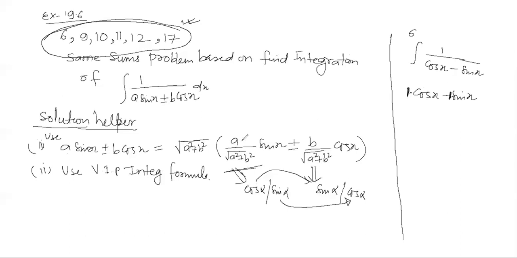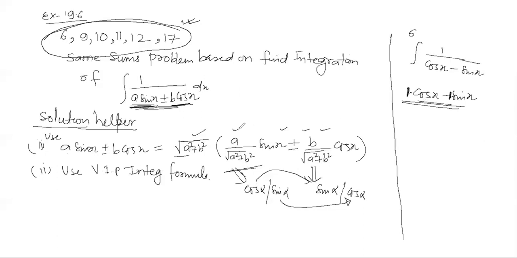Okay, now this form is very similar to a cos x plus or minus b sin x, right? This form is very similar to this form. So we will use this formula.